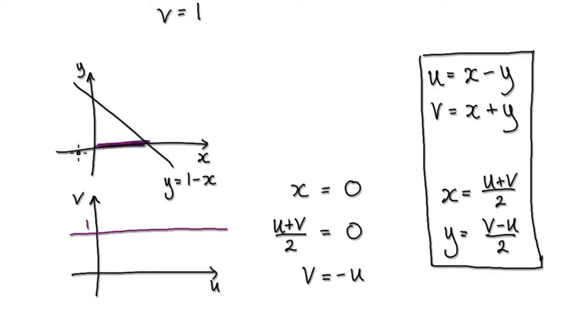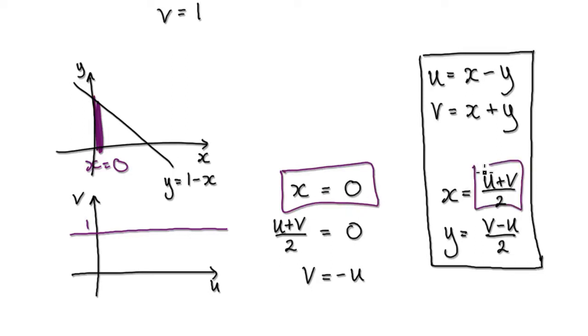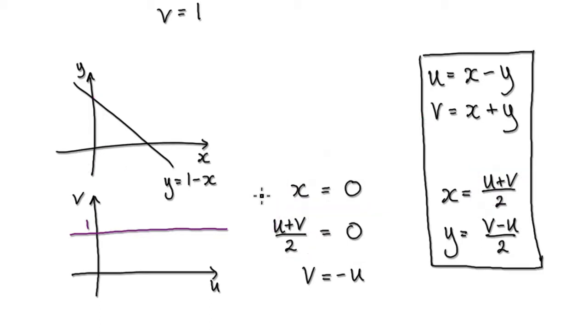Let's now consider this line here. This line here is x equals 0. So put this into the x. That will give you this. Rearrange it to make v the subject. So v equals minus u.